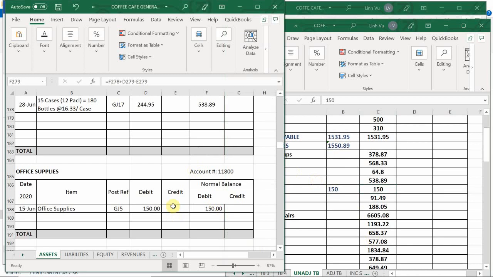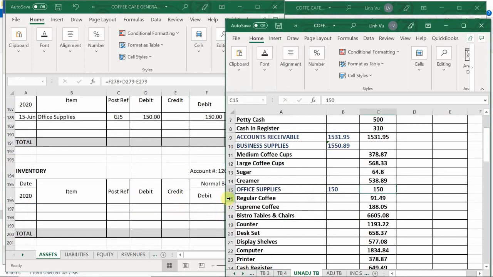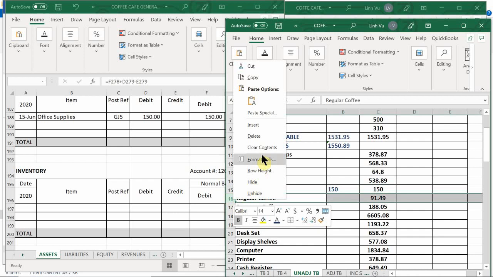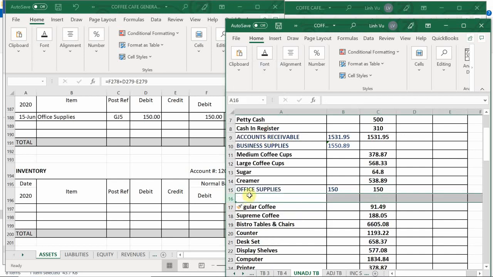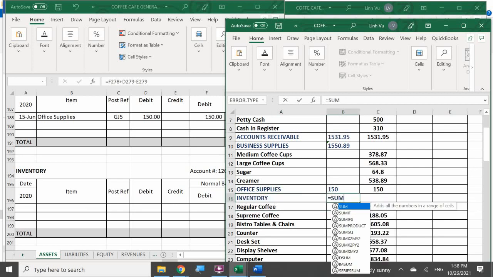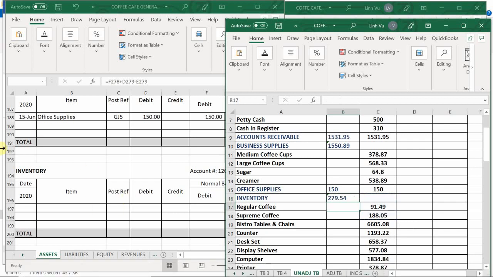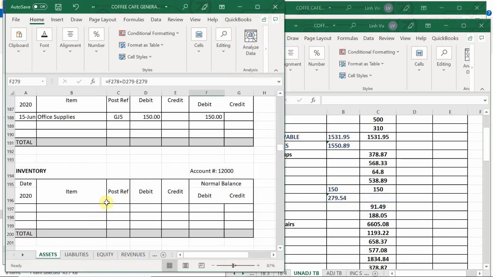Now let's see what's next. Inventory. Oh, I have to create a new account for inventory. Inventory for this one is going to include my regular coffee and my supreme coffee, and the ceramic mug too.